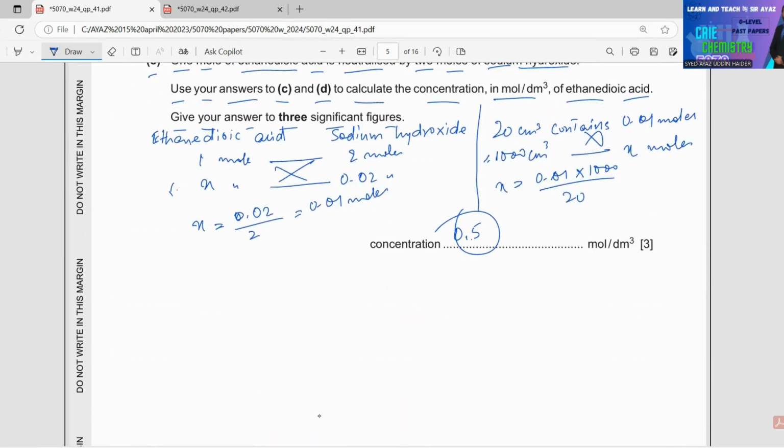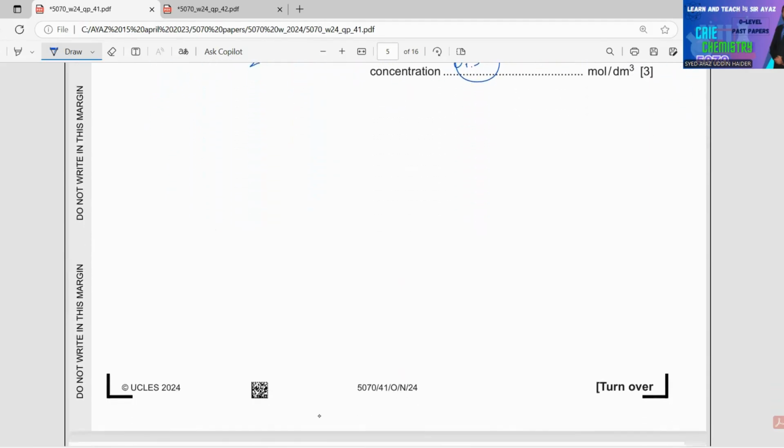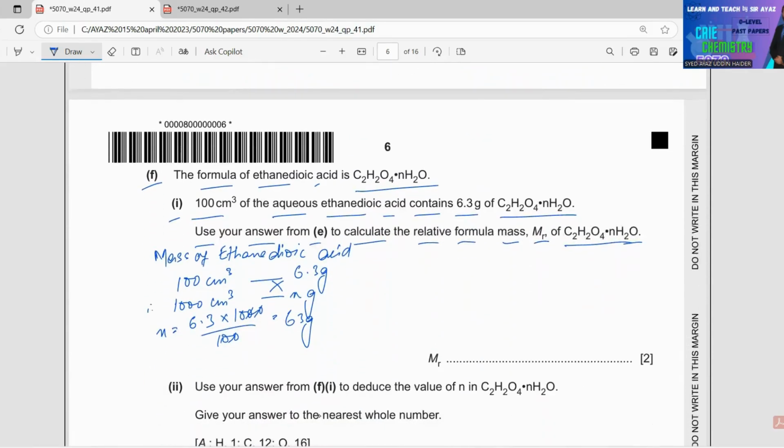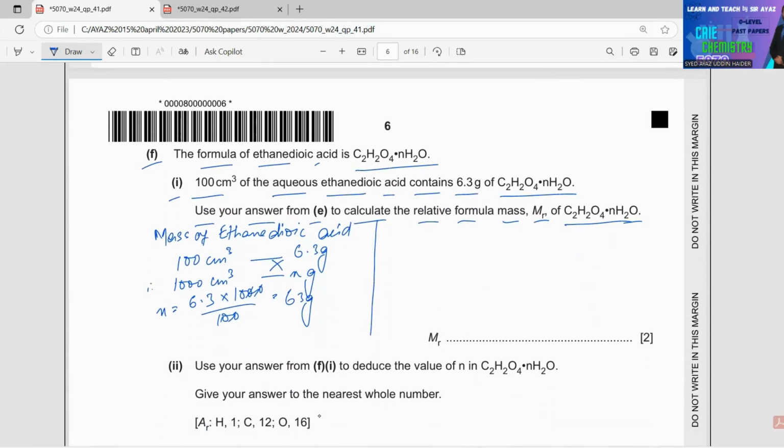Now you can calculate the relative formula mass. We will write 0.5 moles have an Mr of 63 grams.